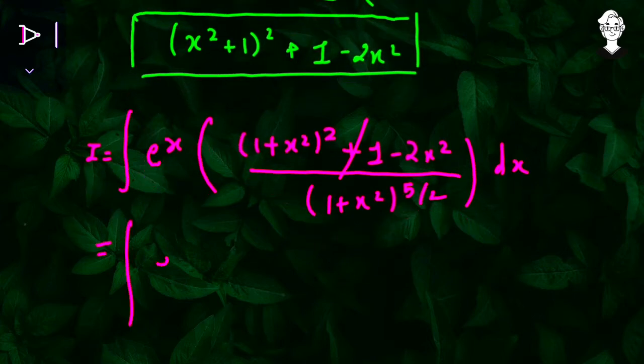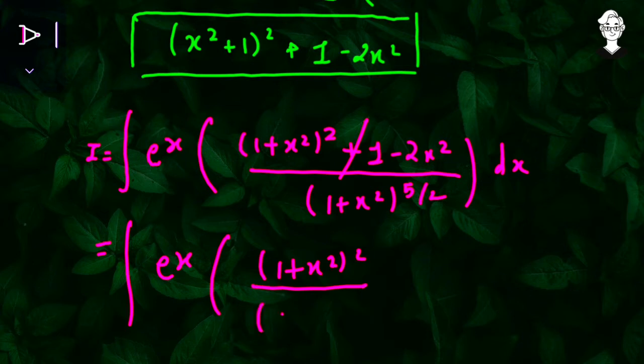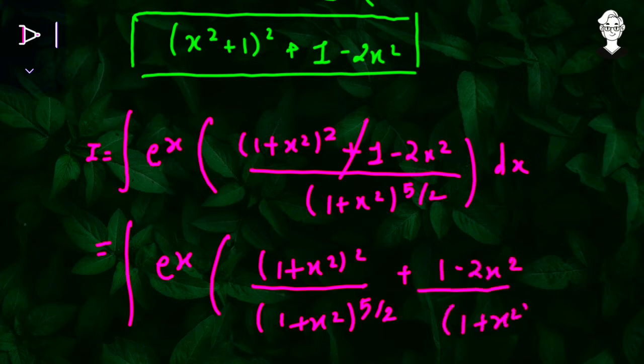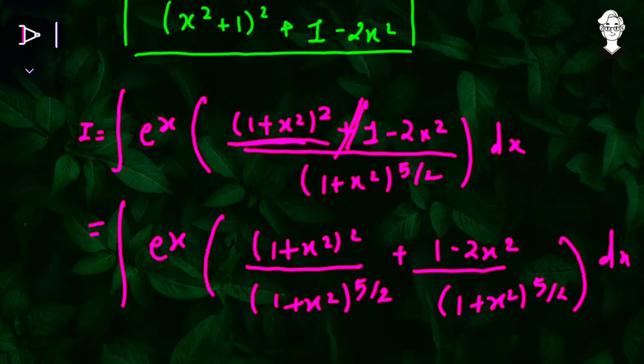So integration of e to the power x as it is. Now (1 plus x squared) the whole squared divided by (1 plus x squared) to the power 5 by 2, plus (1 minus 2 times x squared) upon (1 plus x squared) to the power 5 by 2. As you can see, I have just separated the denominator with this (1 plus x squared) the whole squared, and then after that 1 minus 2 times x squared.